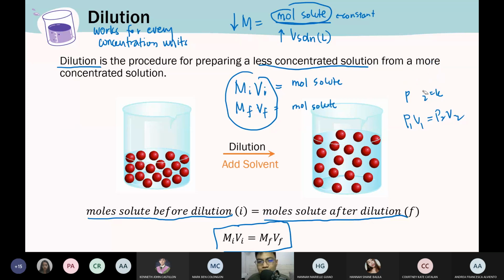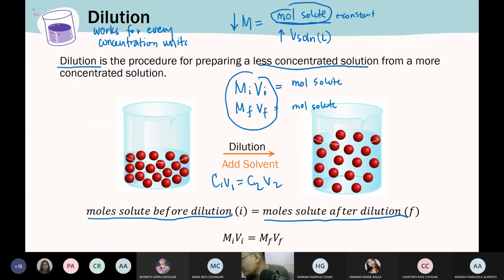Since the mole of the solute is constant all throughout, the equation can be written as MIVI equals MFVF. In some references, you can see it as C1V1 equals C2V2. Same lang yan. C stands for the concentration.